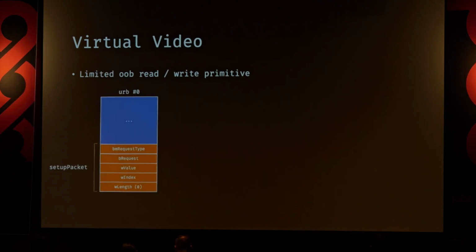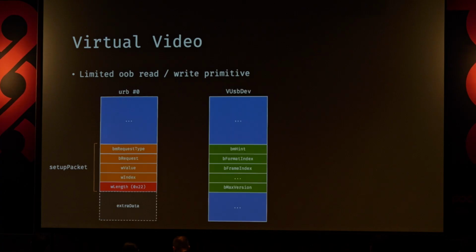Let's start with URB0, where wLength is set to 0 at first, meaning the extra data buffer has 0 length. Next, we leverage the TOCTOU vulnerability to modify wLength, changing it from 0 to 0x22 after the URB is allocated with wLength 0. This leads the URB backend to believe that a legitimate 0x22-byte extra data buffer is available, even though the originally allocated buffer was only 0 bytes long.